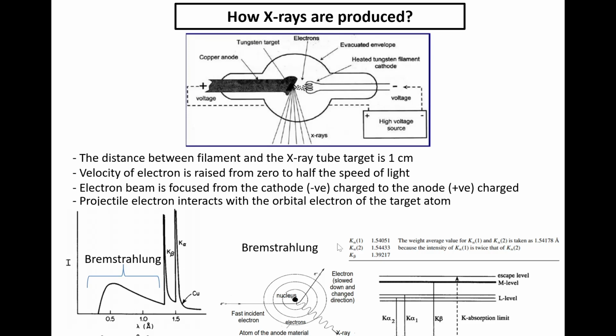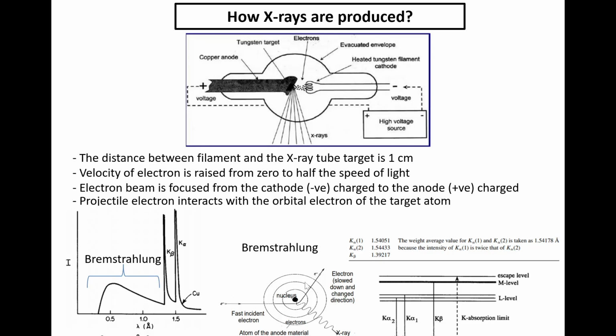Okay, Bremsstrahlung. If you see this curve, this is a famous curve whenever you learn about X-ray crystallography, how these X-rays are produced. You see there is a continuous region here.